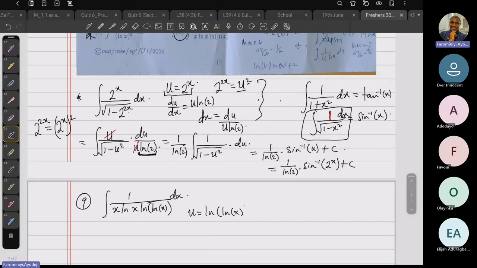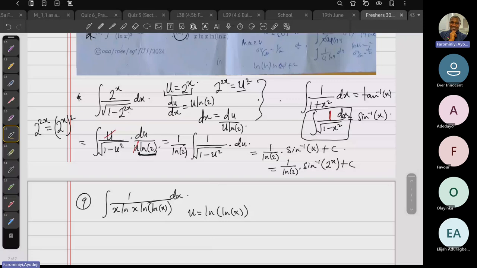I think that will work. And if it doesn't work, we'll come back to this natural log of x. Looking at the derivative, I think it will help to cancel things out easily.